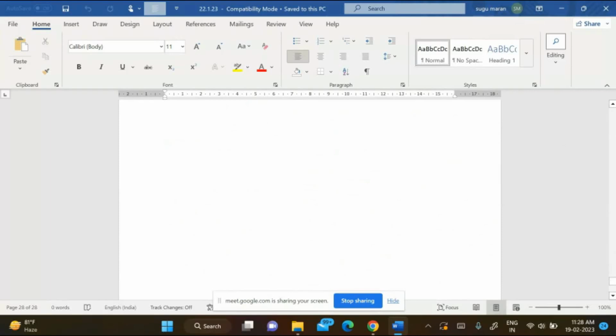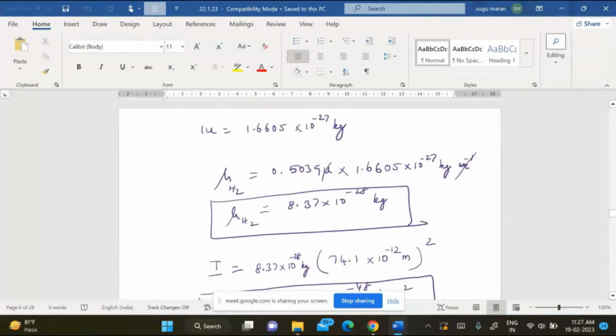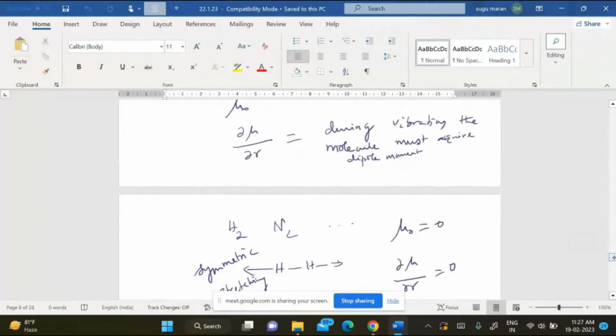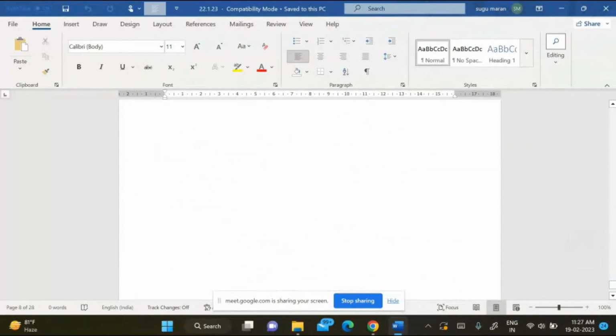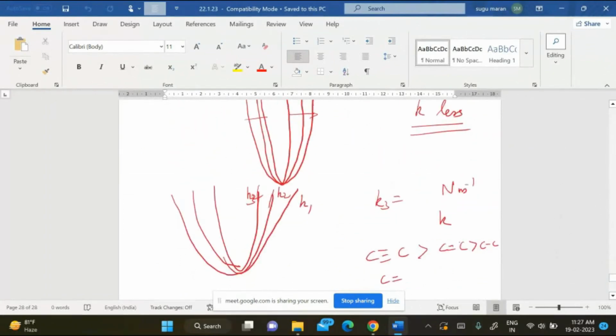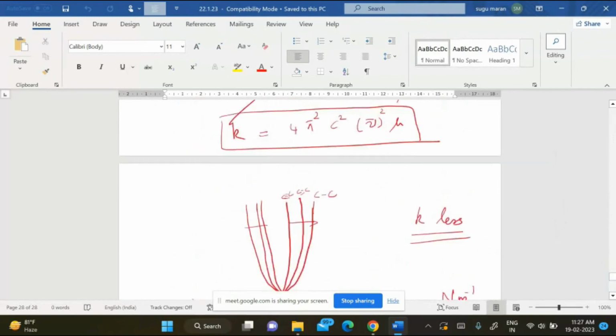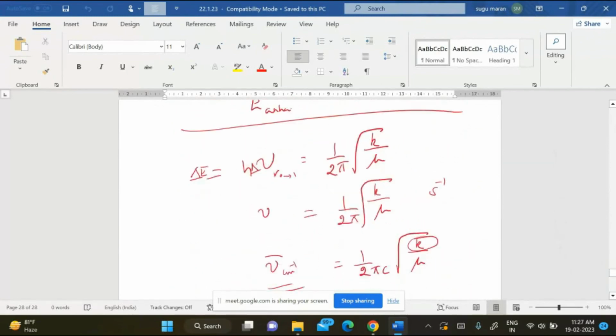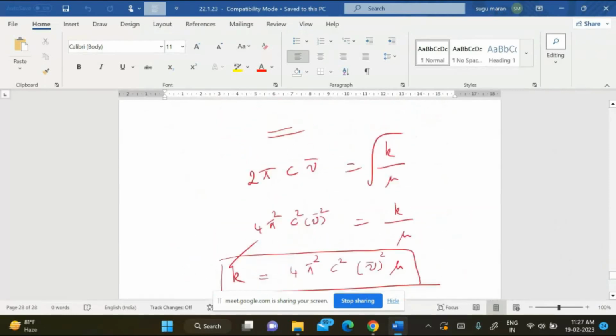Okay, so we did a few problems in the last class with reference to the vibrational spectrum. Now I shall just show you these things which I have told you.